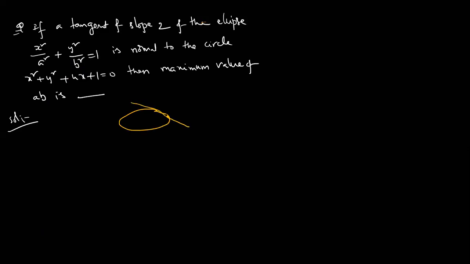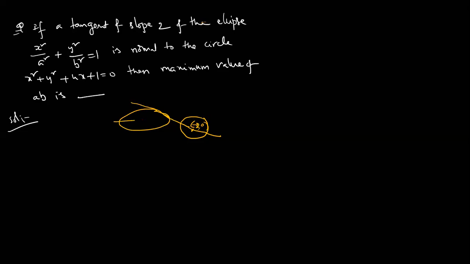This is a tangent. For example, this tangent behaves as a normal to the circle. Normal is always passing through the center of the circle. What is the center here, dear students? Minus 2 comma 0.